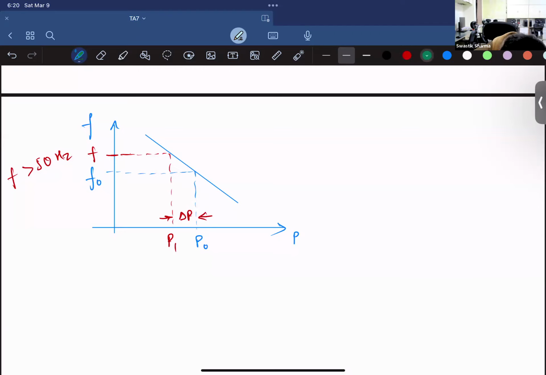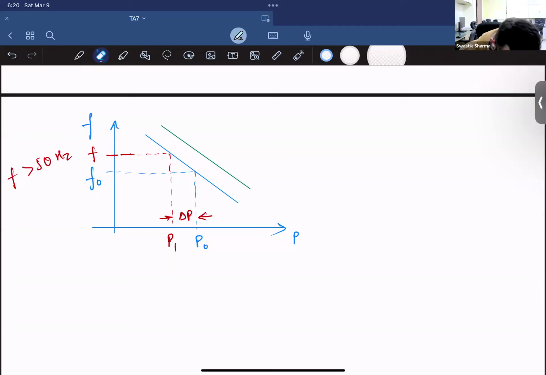So what you do is you shift this droop curve. You have droop controllers to fix this droop curve in such a way that your new frequency would match completely with F naught. Since it increased, I have to decrease this.